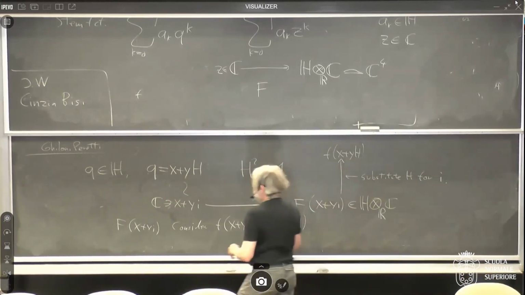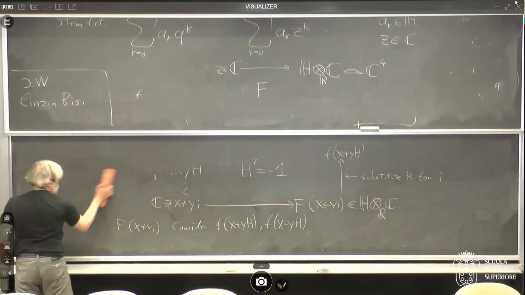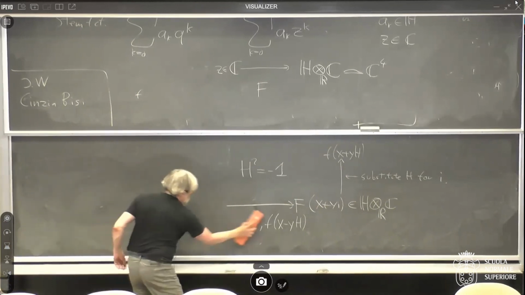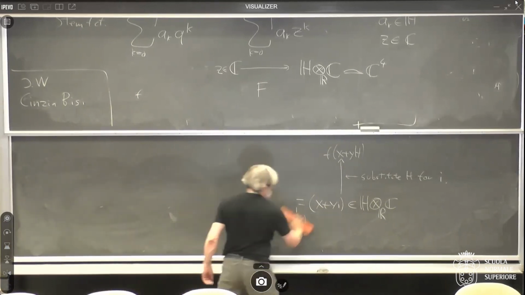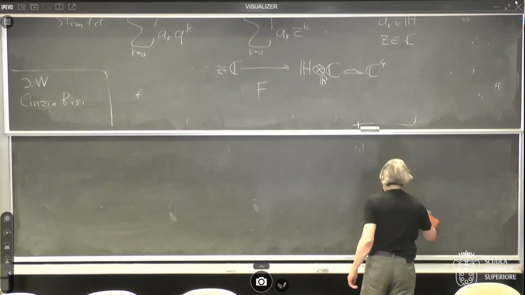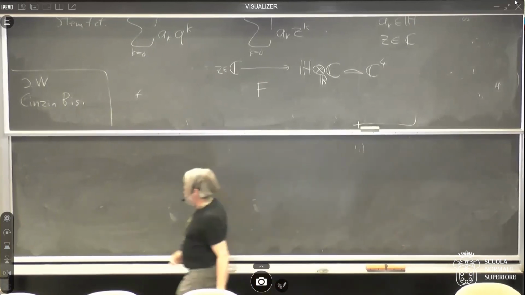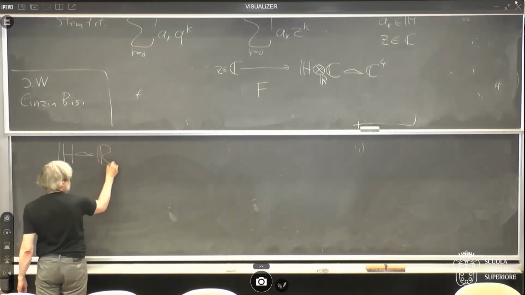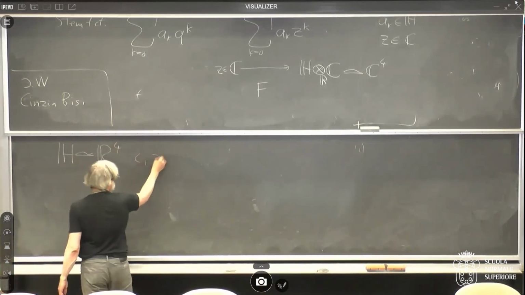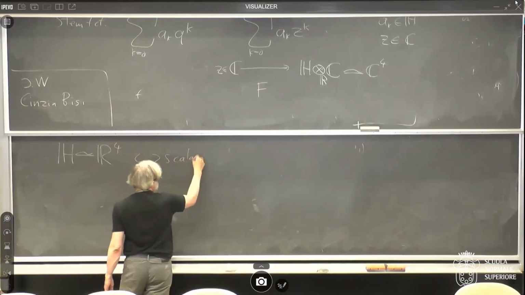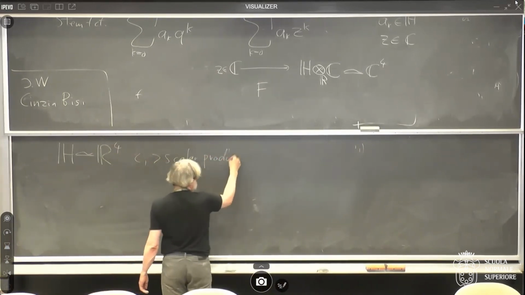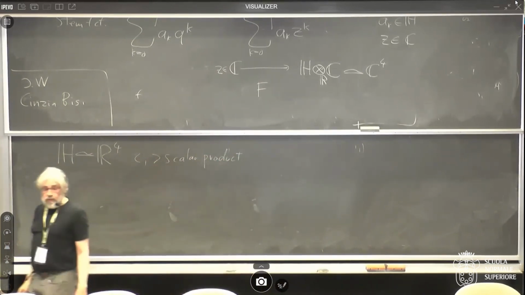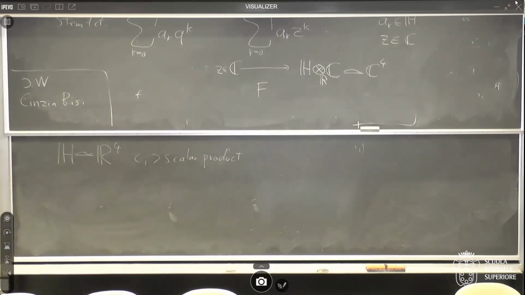And this quadric actually arises from the quaternionic numbers in the following way. The quaternionic numbers are, as a vector space, isomorphic to R4. And here we have the standard scalar product. I mentioned already that the standard scalar product is related to the algebra structure. And so it's perhaps not too surprising.